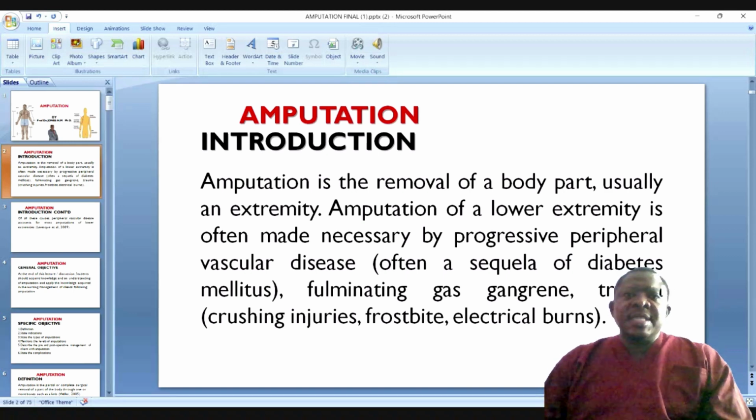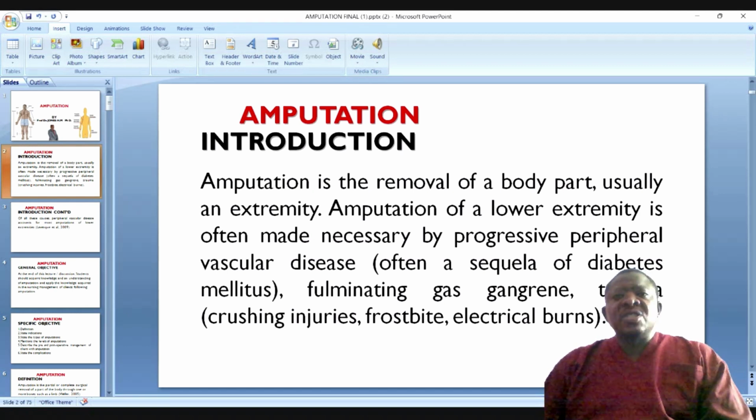Other conditions are fulminating gas gangrene. These also cause necrosis of extremity parts, leading to the whole extremity becoming gangrenous or necrotic.